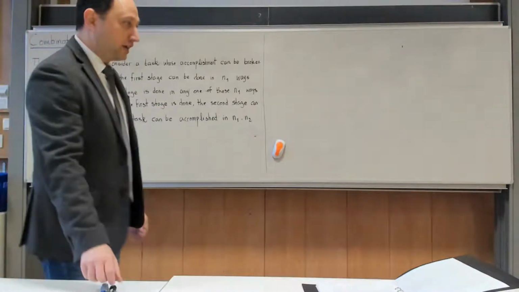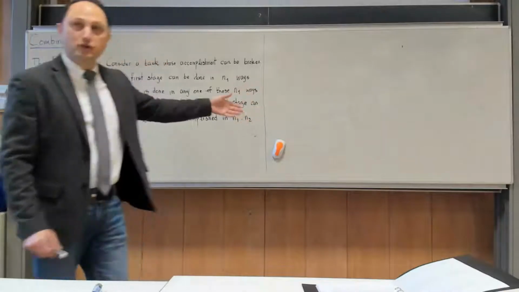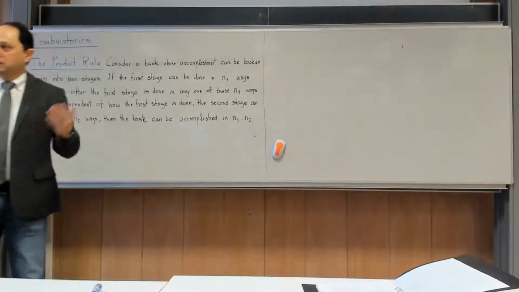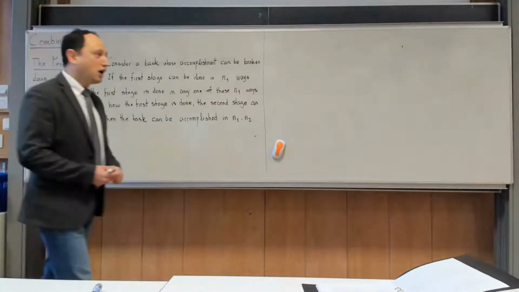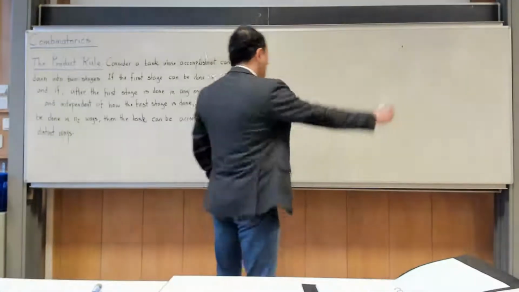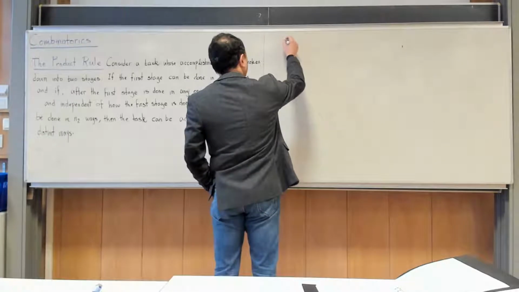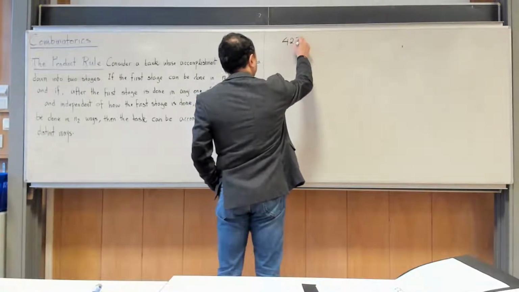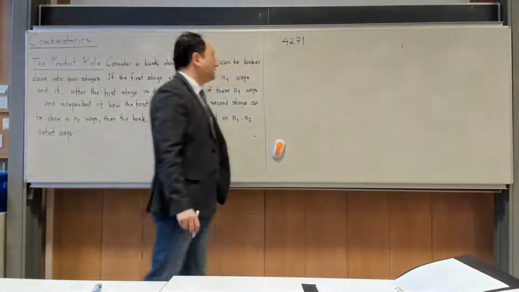But if I give you this question, we will solve it a little bit later, either this session or the next session: how many 4-digit numbers are there which are greater than this number, without any digits repeated?